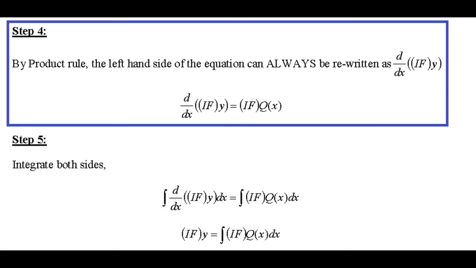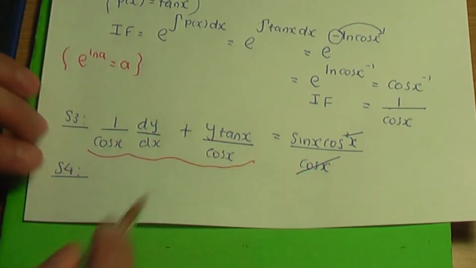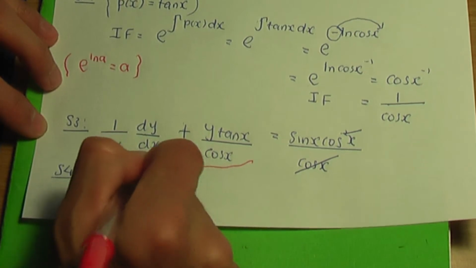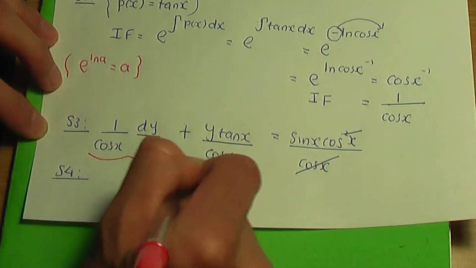By the product rule, the left hand side of the equation can always be rewritten as d by dx of 1 over cos x times y. So back to the paper and pen. This entire term on the left, you can always write as d by dx of that into y.